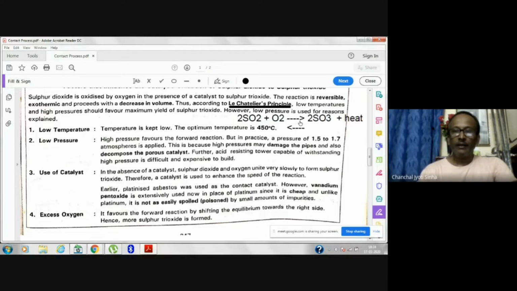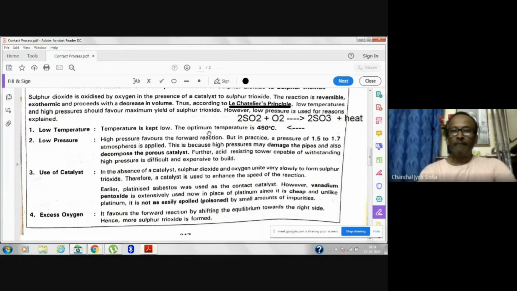Here, in the backward direction, heat is absorbed. That means if we apply high temperature, then the reaction will proceed in the backward direction. That is, sulfur trioxide will not be produced in considerable amount. Hence, low temperature is favorable in this reaction.